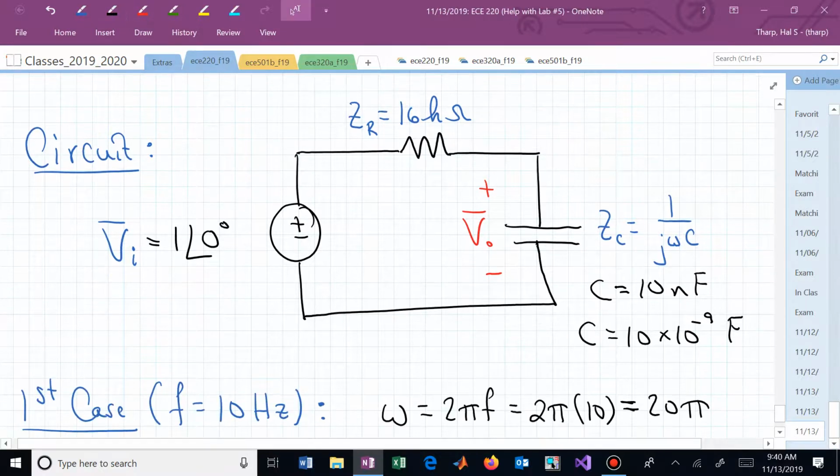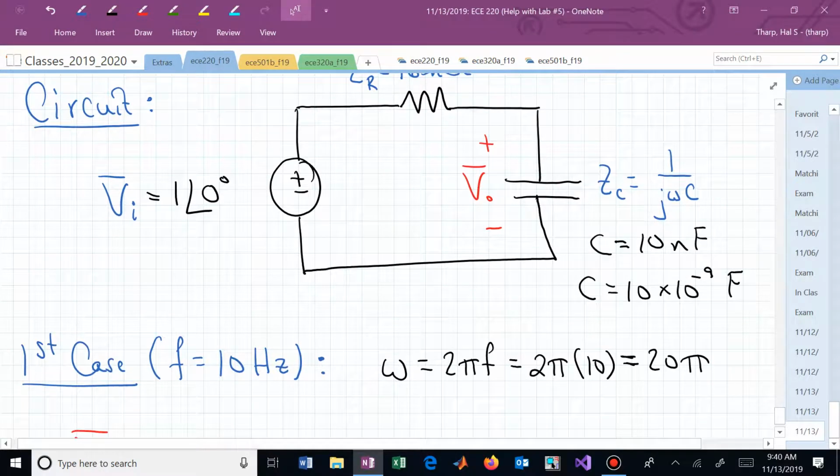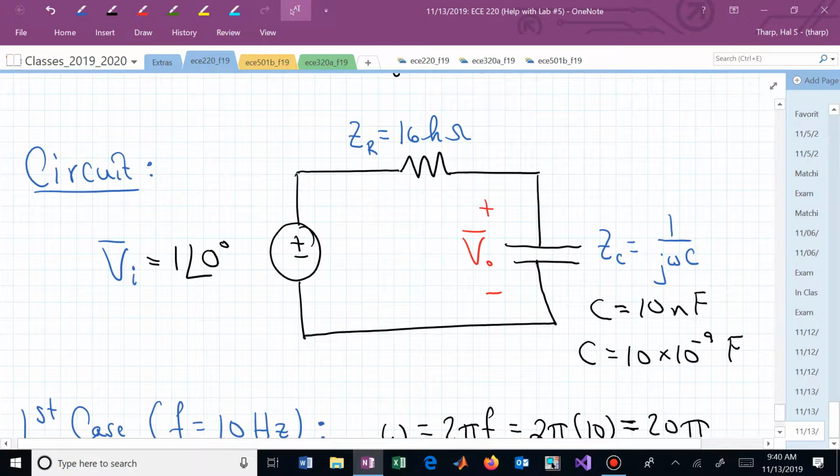Let's look at the first case. The first case is when f is 10 hertz. We have this augmented reality capability in this class. We put those goggles on, and what do we see for that capacitor? Now we sort of see a morphed resistor.